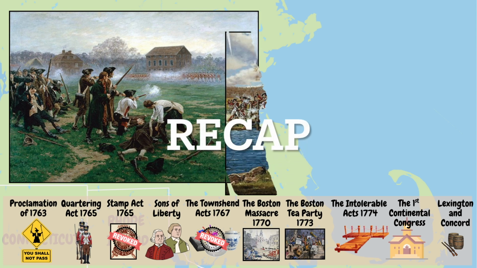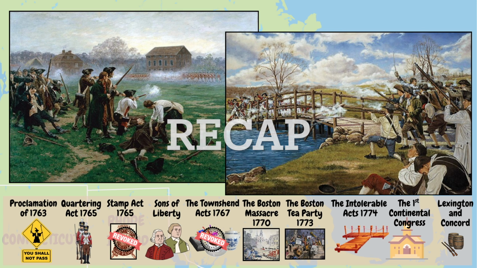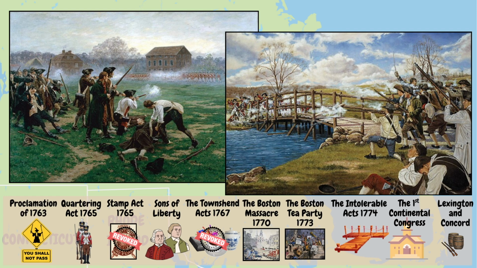Let's recap with the main events that led to the American Revolution. The Proclamation of 1763, the Quartering Act of 1765, the Stamp Act of 1765. The Sons of Liberty are formed. The Townshend Act, 1767.